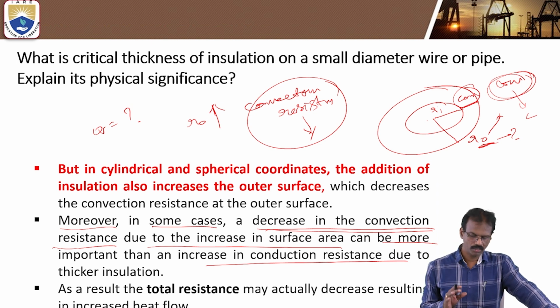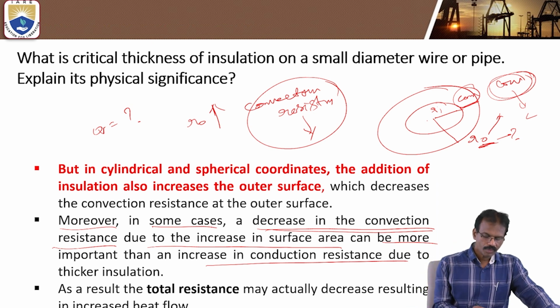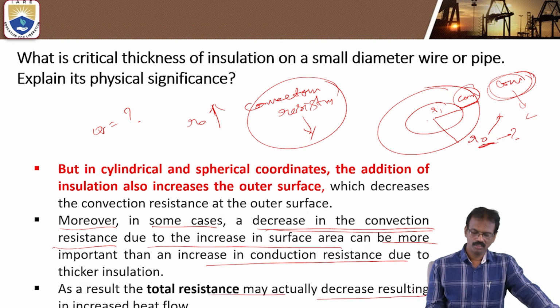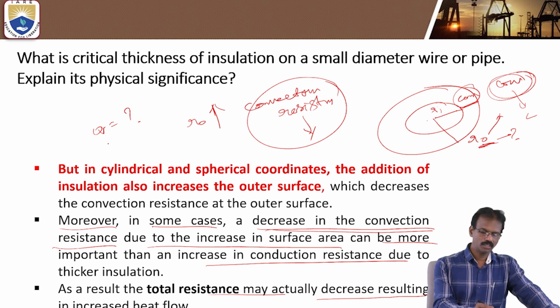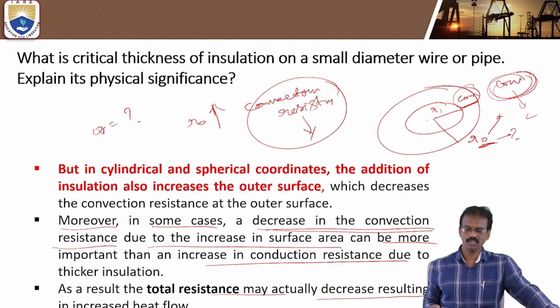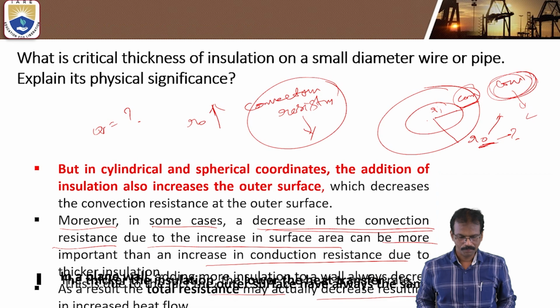We'll see the reason behind that. Because of the conduction resistance, Q should decrease, but by decreasing the convection resistance, Q will increase.